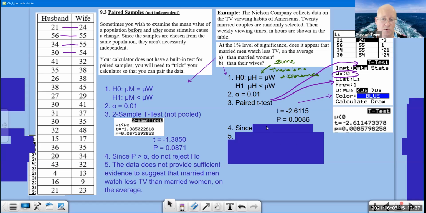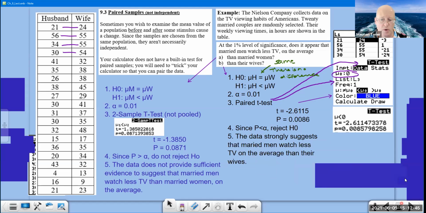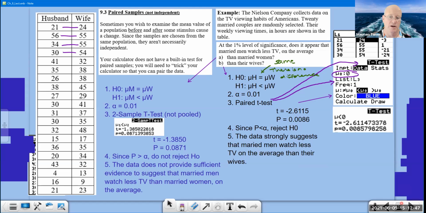This time, we're going to say, since P is less than alpha, this is under 1%, then we can say the data strongly suggests that married men watch less TV on the average than their wives. Okay, so a lot of details go into that paired t-test. It doesn't take super long. It's just this first time that I showed you through, it takes longer to go through the first time.